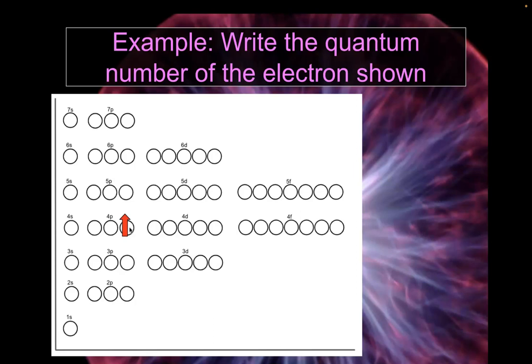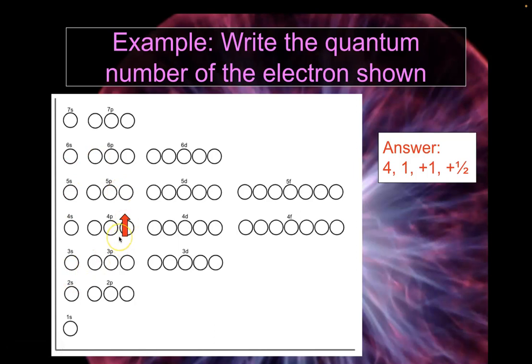So I would have 4, 1, +1, and then my last number is either going to be +1/2 or -1/2. +1/2 refers to the spin going up, and -1/2 refers to the spin going down. This one is spinning up, so my quantum number for this particular electron would be 4, 1, +1, +1/2.